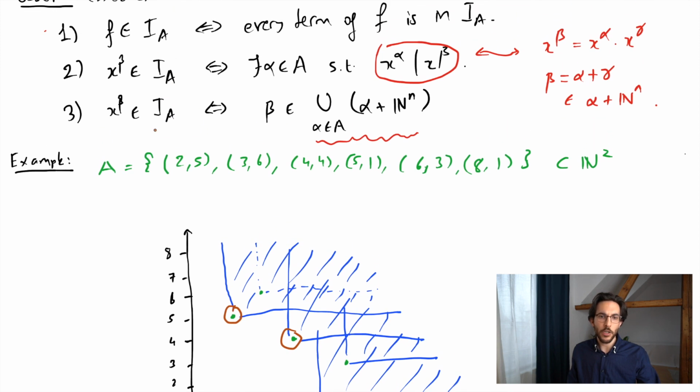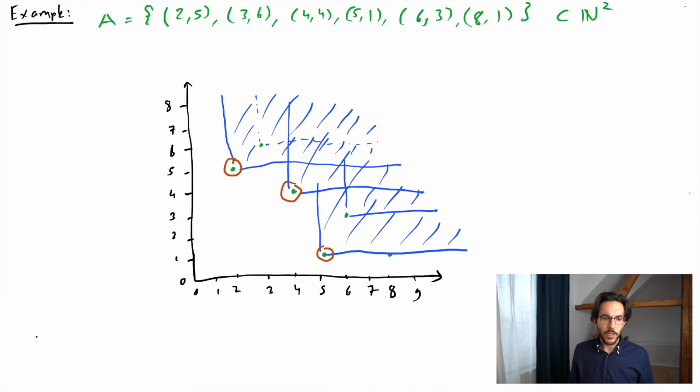They're just linear combinations of all these monomials. For example, I can write that my ideal now has this simple basis: x squared y to the 5, that's this one, the other one is x to the 4 y to the 4, and then x to the 5 y.